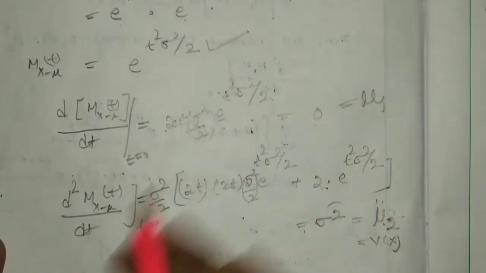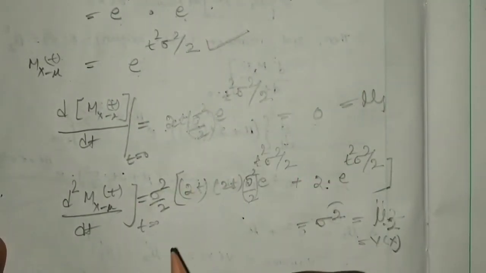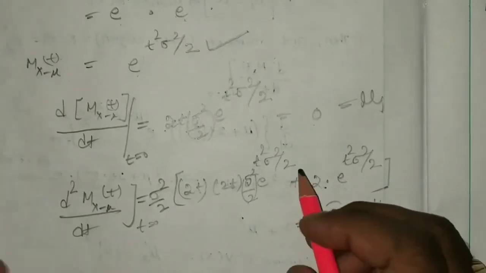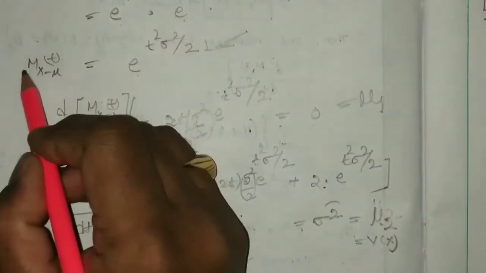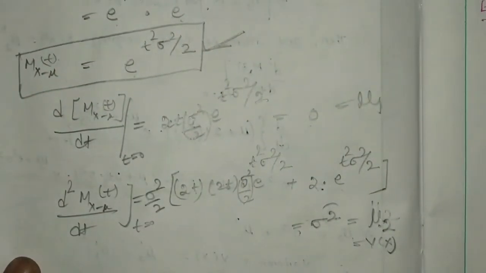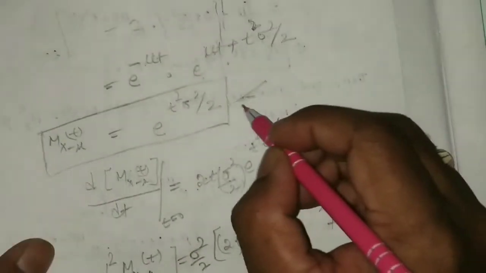So now we are going to consider the even and odd moments about the mean. So this value we found, what? Moment generating function about the mean.